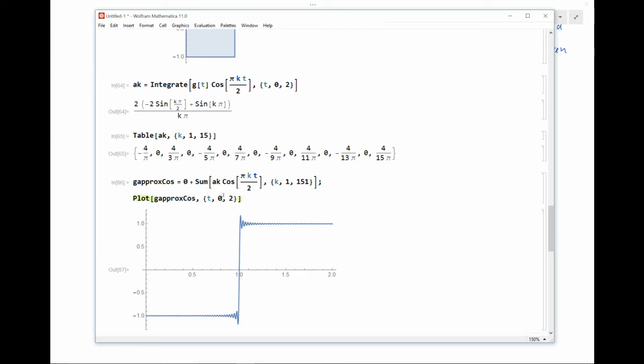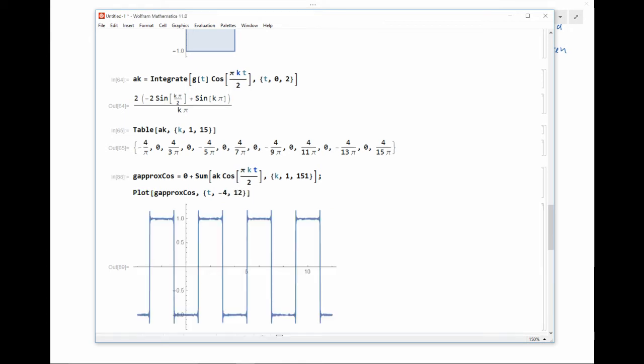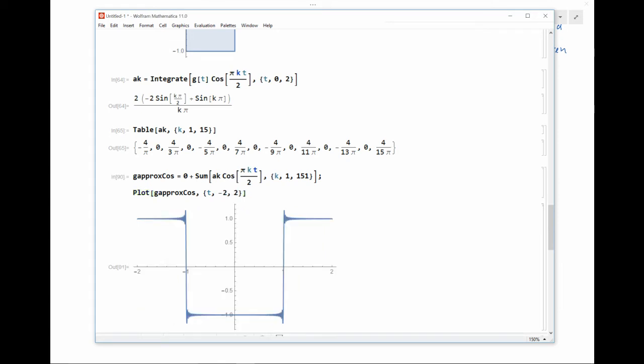If we look outside of the interval, then all we see is that the function is repeated, but it's flipped around. Let me zoom in to the interval from -2 to 2, then you will see the actual effect. The function was just flipped around in a mirror image around the y-axis.